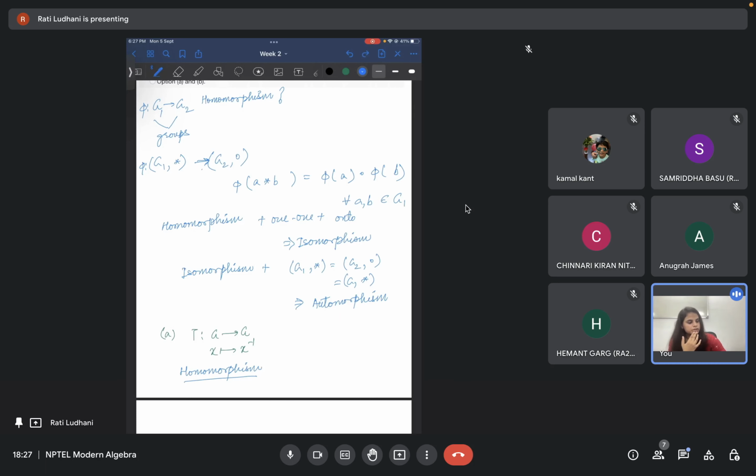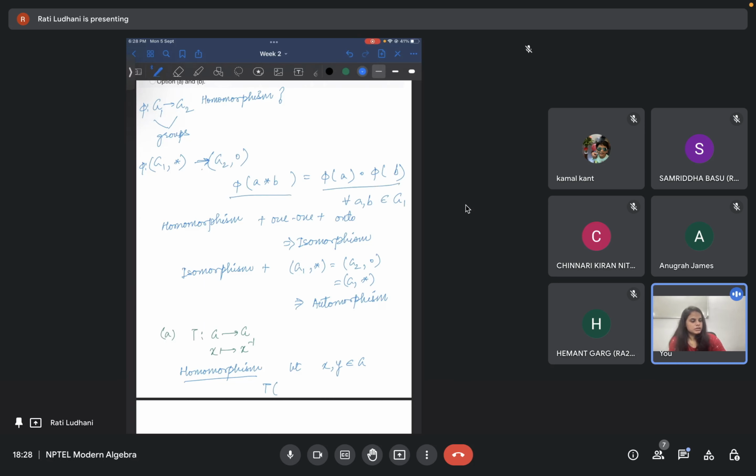Just take two elements, x and y belonging to G. For homomorphism, you have to check that this property is satisfied.